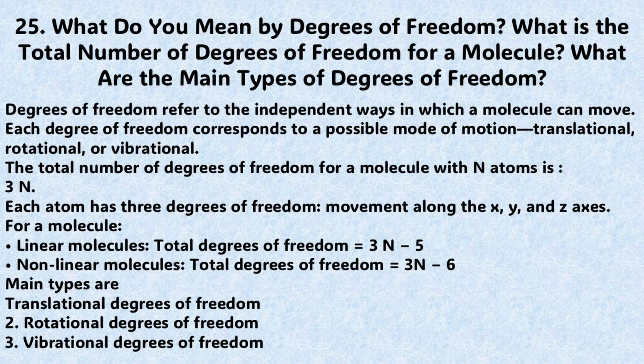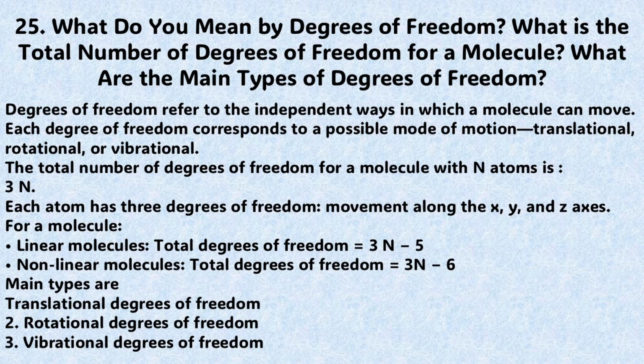Degrees of freedom refer to the independent ways in which a molecule can move. Each degree of freedom corresponds to a possible mode of motion: translational, rotational, or vibrational. The total number of degrees of freedom for a molecule with n atoms is 3n.